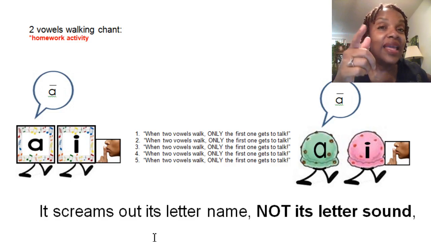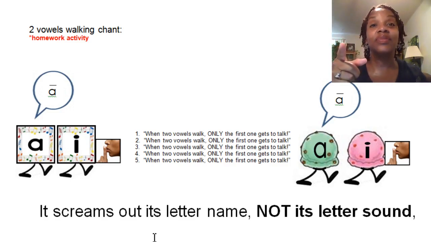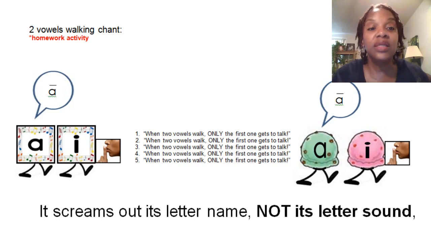Good job. It screams out its letter name, not its letter sound. So the first vowel that's talking, when you sound it out, you say its letter name, right? So look at this one. Look at the two vowels, A and I. Remember the rules. When two vowels walk, only the first one gets to talk, and it screams out its letter name, not its sound.